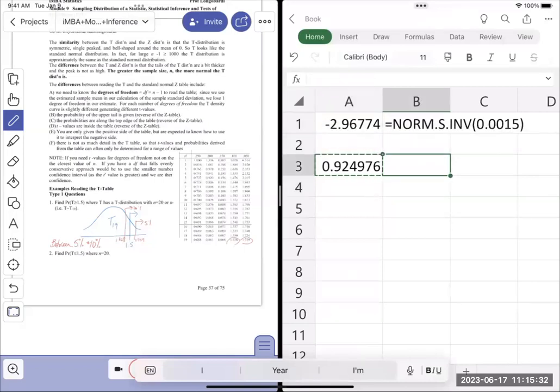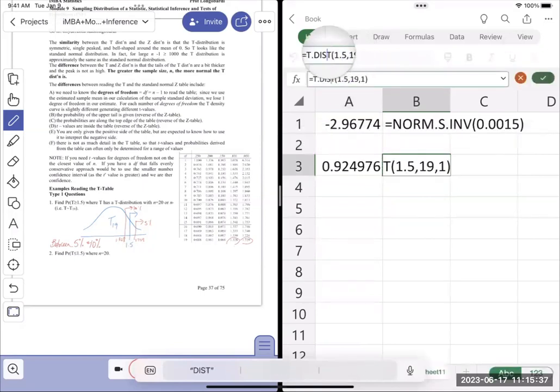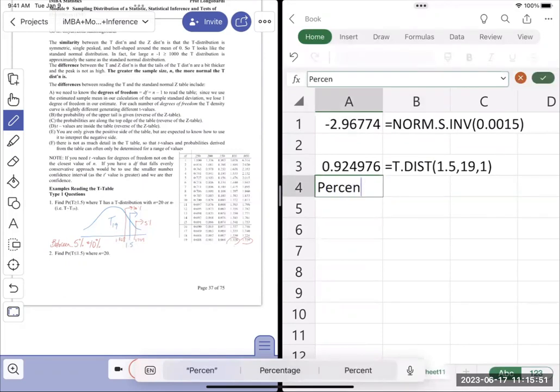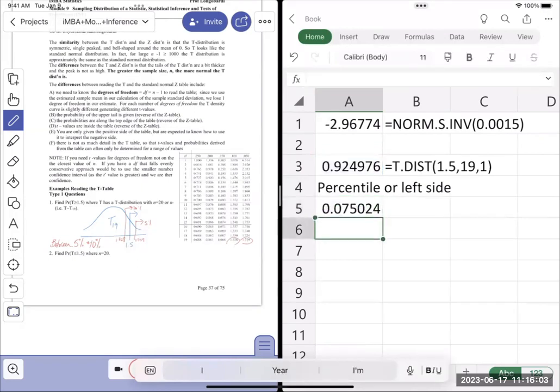Okay, it sticks with the rule of giving you percentiles. So you need to know that. That's why it's really important to know what you're doing, and use Excel as a tool. So this is going to give you the percentile, the left side. So you just have to do 1 minus if you use Excel. So the answer is 7.5%.